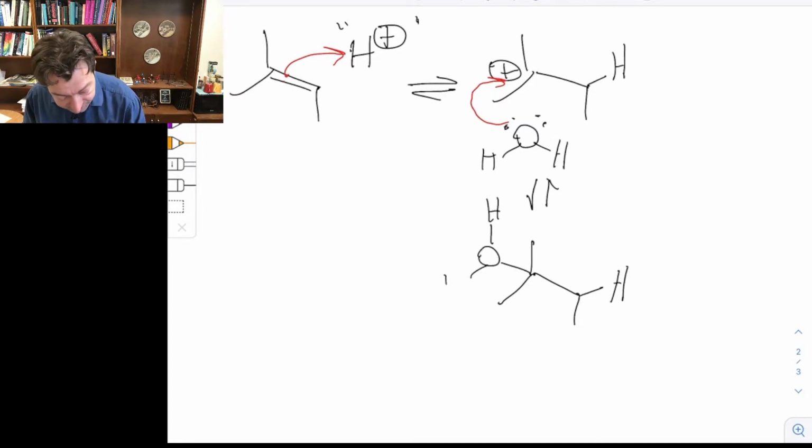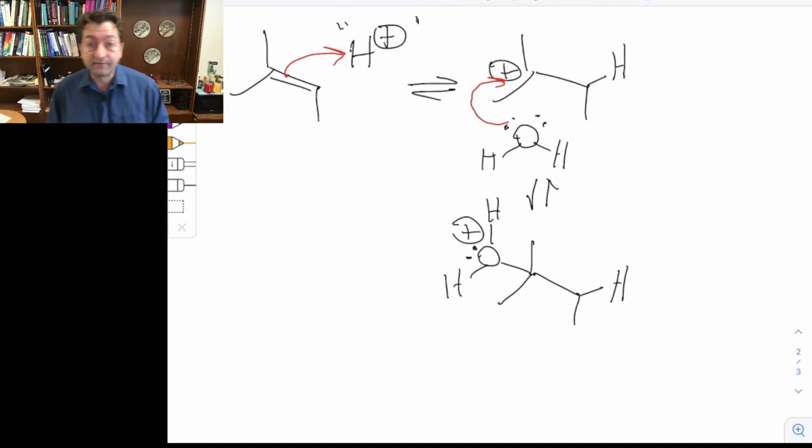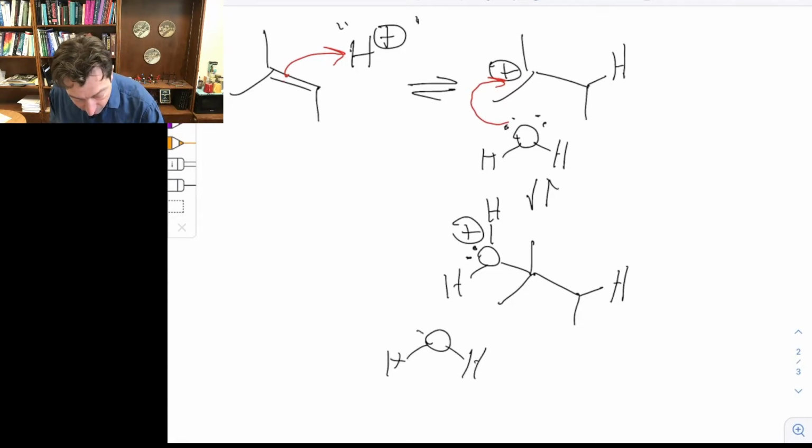That generates a species that looks like this. We've got that proton on there still, so we've got a full formal positive charge on that oxygen. And then here we can bring another molecule of water in, of course the solvent sitting around there, to pick off one of those protons, leading us directly to the product.